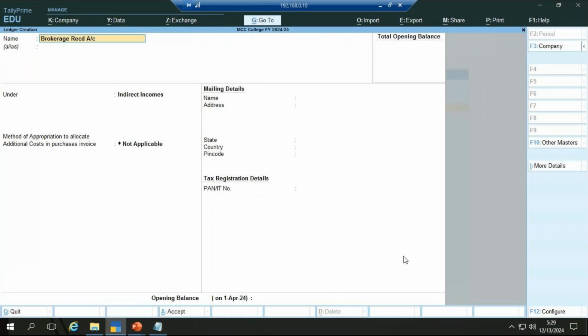Once you have completed the creation of a ledger, let me know. We'll continue.